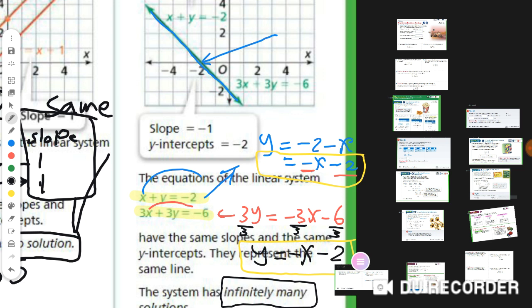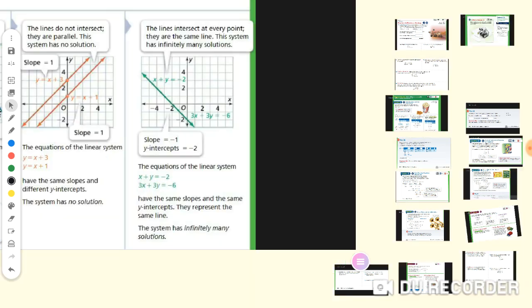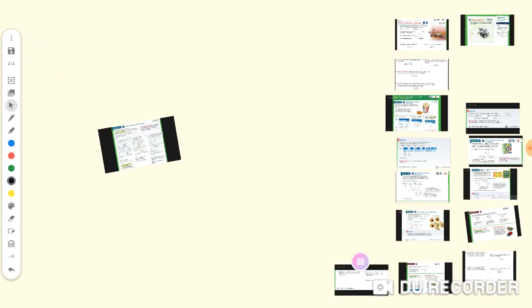So in the same page, we will solve the right one.